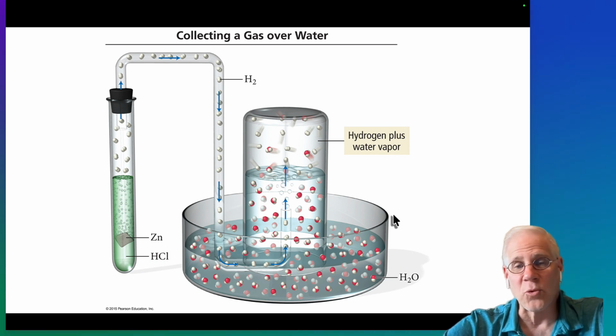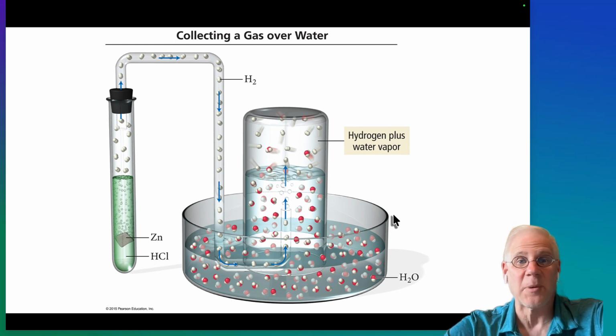But if this is done at room temperature, you're going to have about 23 or 24 millimeters of mercury of pressure that is not due to hydrogen gas, but due to water vapor. So if you're trying to measure how many moles of hydrogen you've collected based on pressure, you have to subtract out the vapor pressure due to water in order to make that calculation.